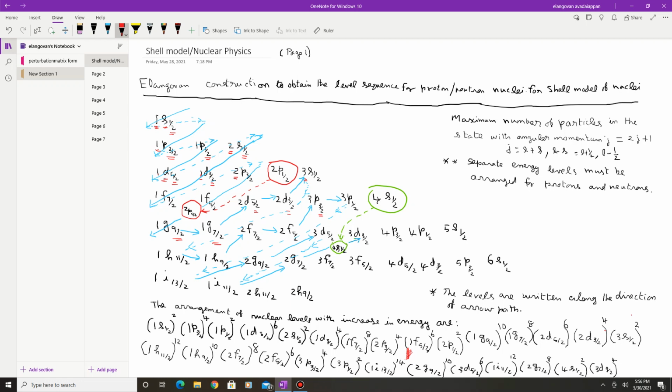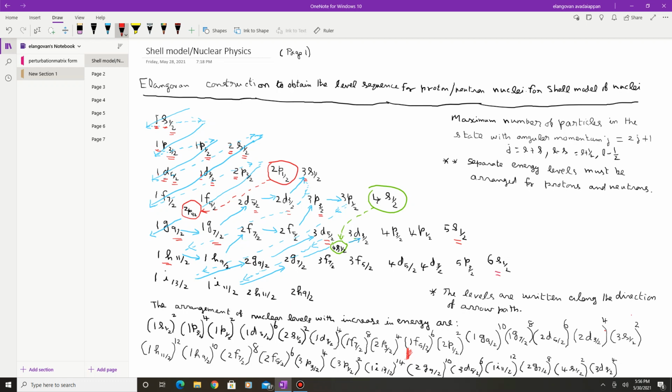Again you put 2F 7 by 2, 2F 5 by 2, and here 3D 5 by 2. This is the third time the D 5 by 2 state is appearing. 3D 3 by 2, 4P 3 by 2, 4P half, and 5S half. Similarly for the H state, you can write 1H 11 by 2, 1H 9 by 2, 2G 9 by 2, 2G 7 by 2, and so on up to the S state.